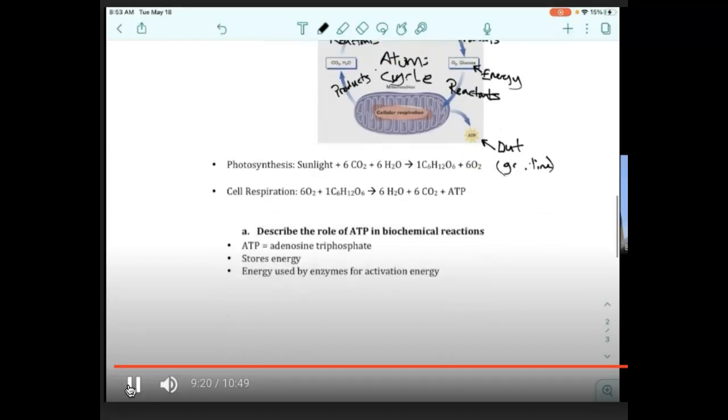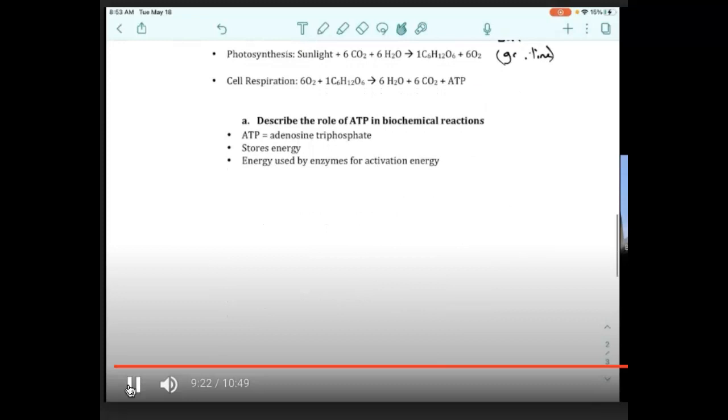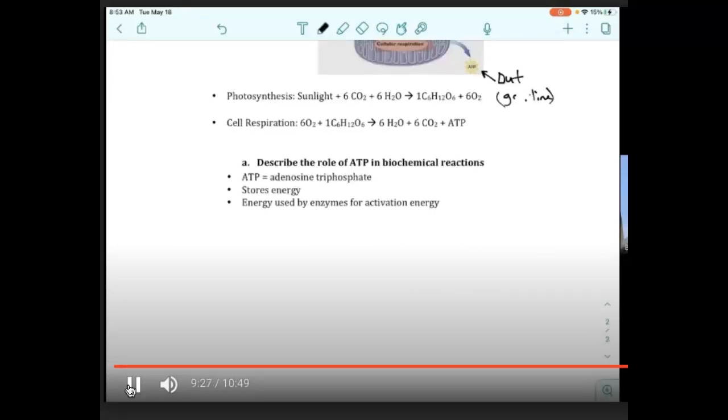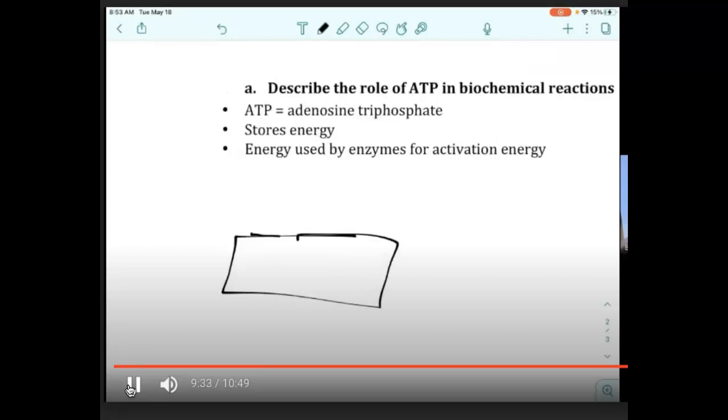ATP stores energy. Do you guys remember where? Is it in the atoms or the bonds? In the bonds. Let's remind ourselves what this looks like. I'm going to draw a rectangle here. Let's call this ATP.